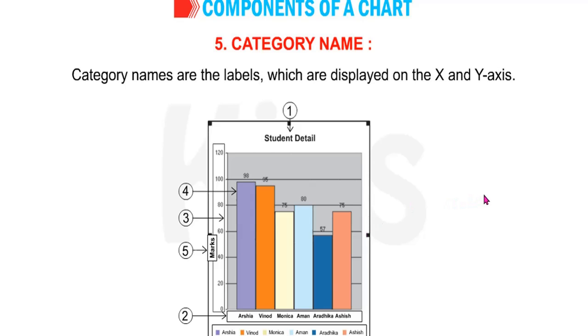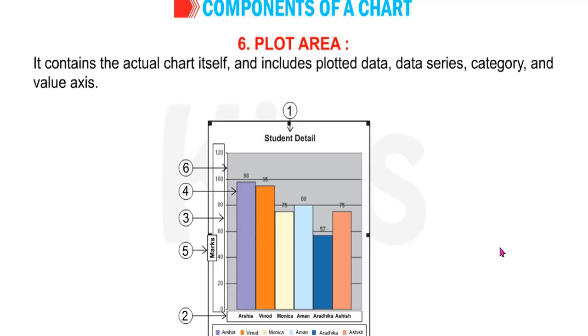Next, category names. Category names are the labels which are displayed on the x and y axis. Look here, marks, and here downside. So this is called category names. Next, plot area. Plot area is a window within the chart area.